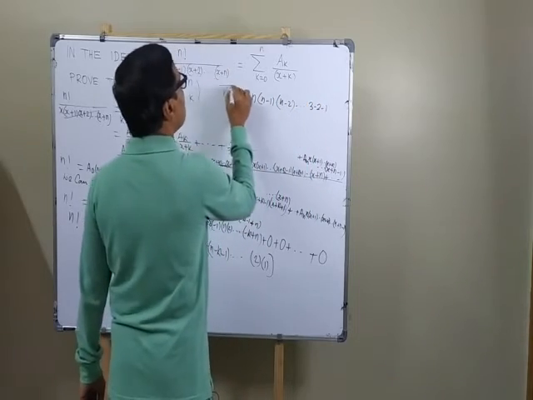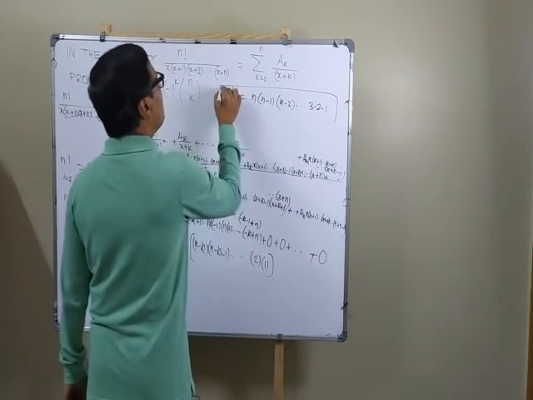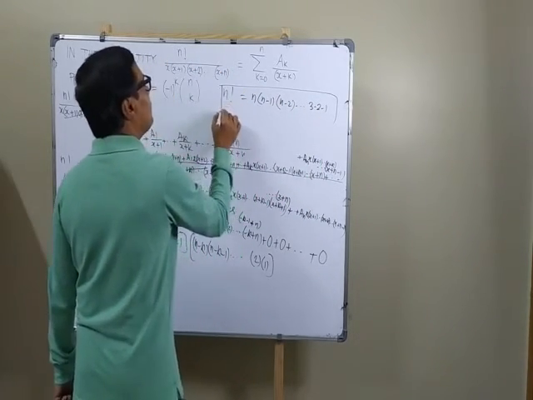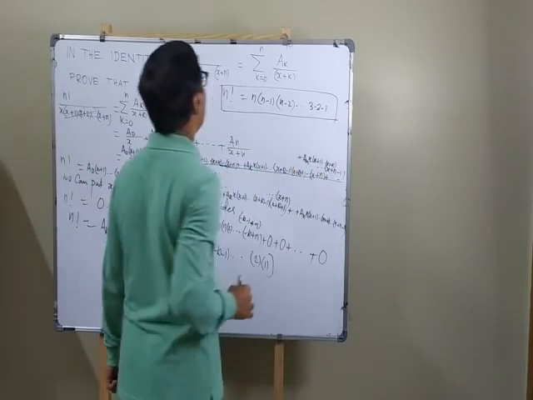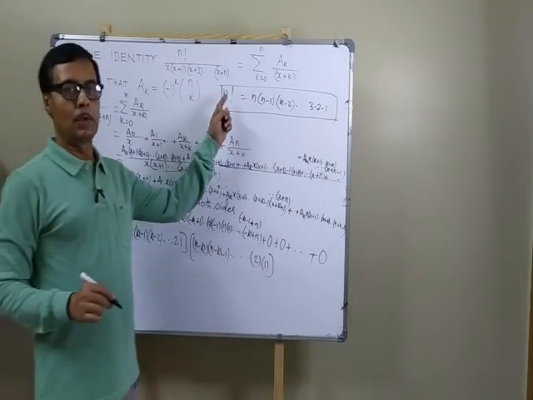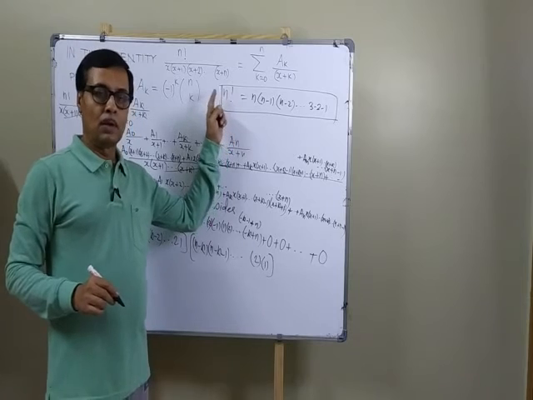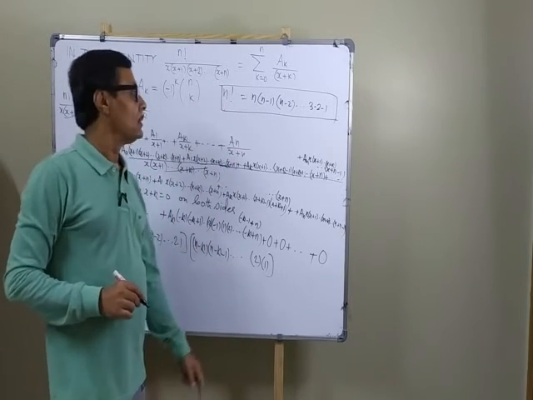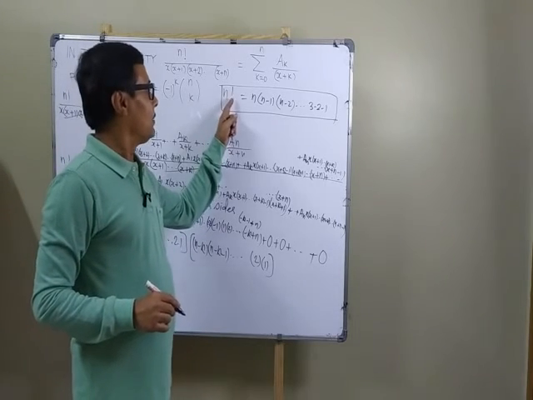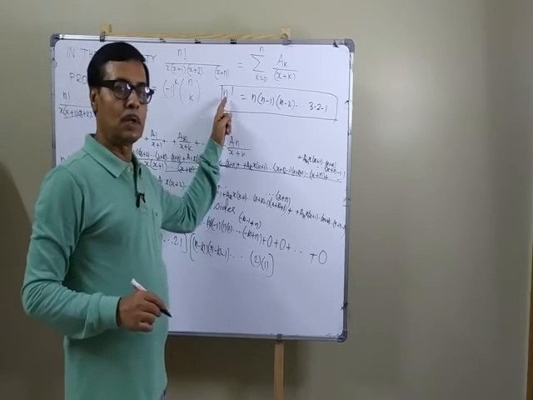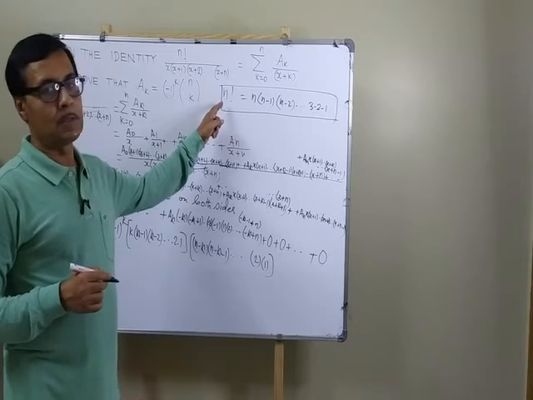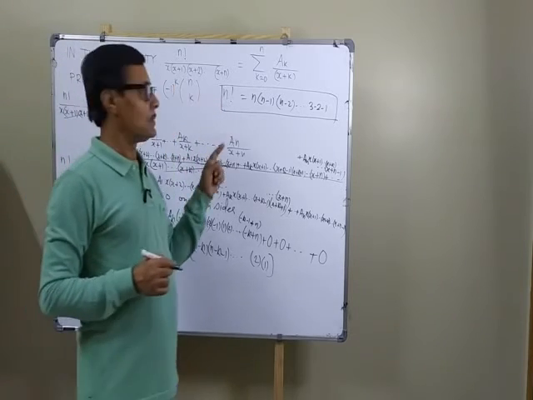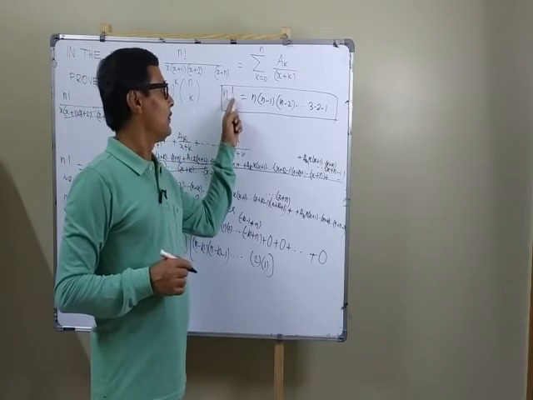This is the permutation of n objects selected from n objects, and this is also n factorial.